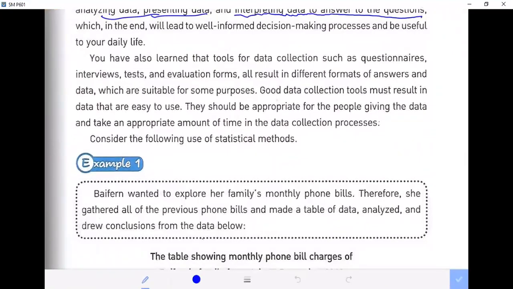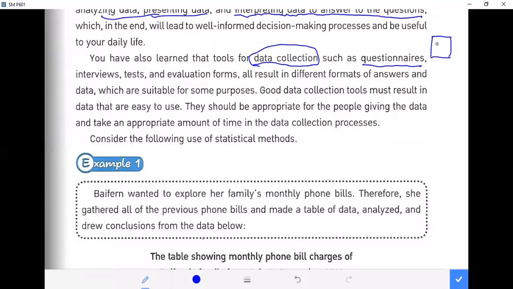So, okay, to collect the data now, if you are in the process of data collection, you want to collect some information, what can you do? Questionnaires. You make something on a paper, and then you give it to your friend. Maybe you can give it to any other people, right?